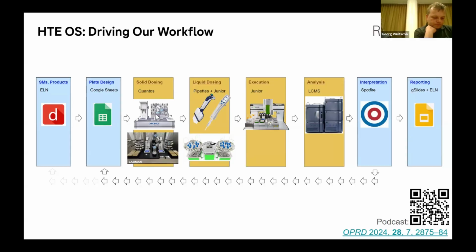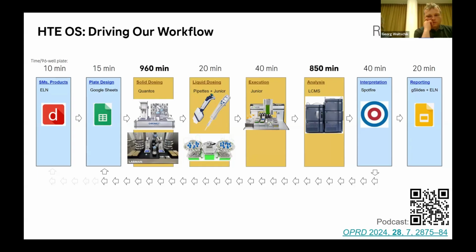After the solid dosing, the plate is closed by a human, actually, and brought to the different glove box where we handle all the liquids. And here we would have liquid handlers, as you see, Mantis, but also the Junior we have. However, we actually do that a lot by hand.